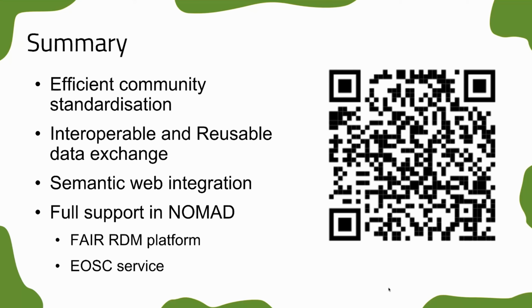It provides an interoperable and reusable data exchange format, the NeXus files themselves. With the help of semantic web integration, we are open to the world, and we can connect to other ontology descriptions. And full support is available in NOMAD, which is a FAIR research data management platform and registered EOSC service, which we are also supporting and developing further.